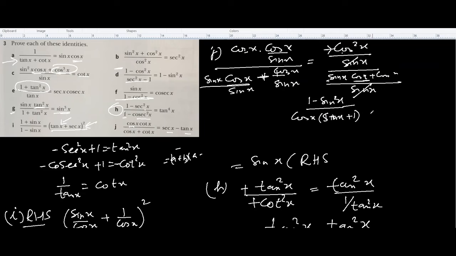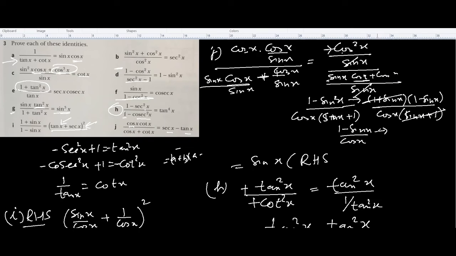Just like the previous part, we can write the numerator as 1 plus sin x, 1 minus sin x. The denominator is cos x, sin x plus 1. They are exactly the same, so they get cancelled out. So we are left with 1 minus sin x over cos x.